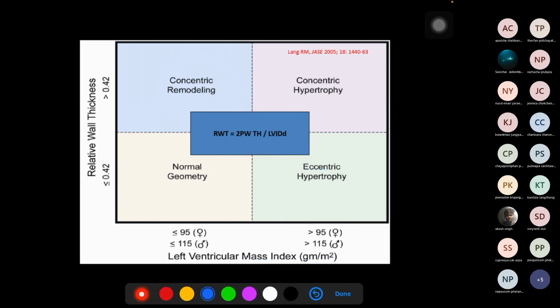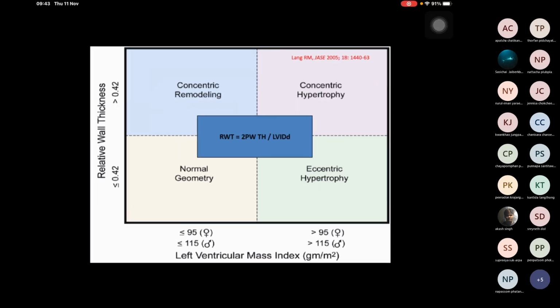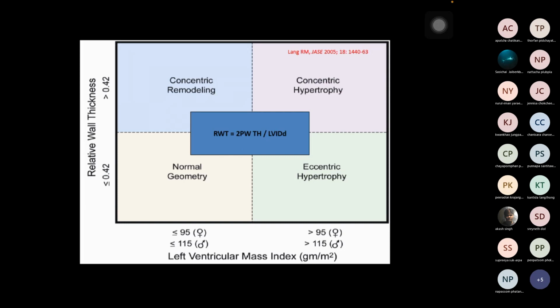Okay. Any question? This one is very important and sometimes I guess you can see it in the examination. Because this one is very important in the clinical practice, you should separate the LV geometry of the patient.